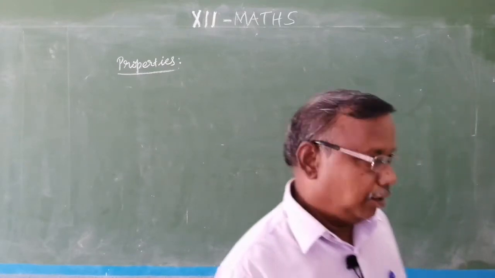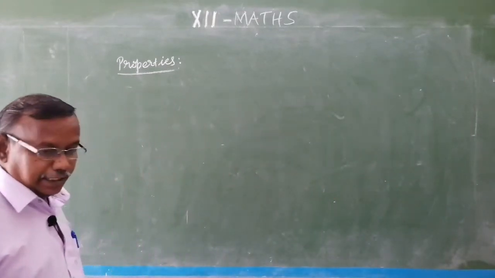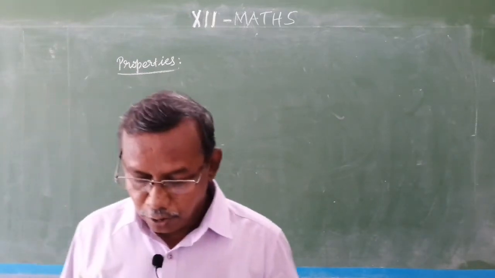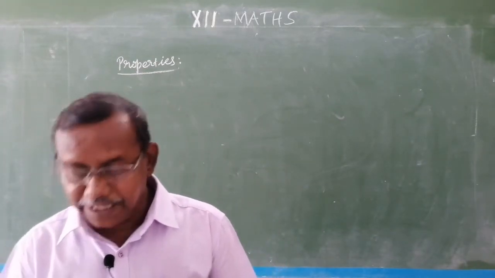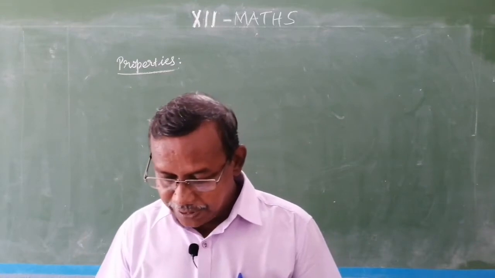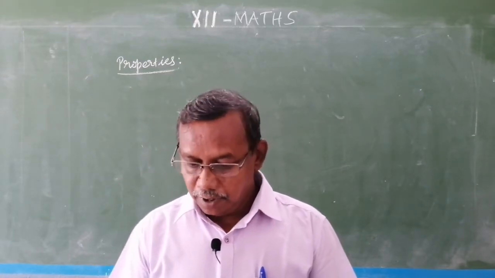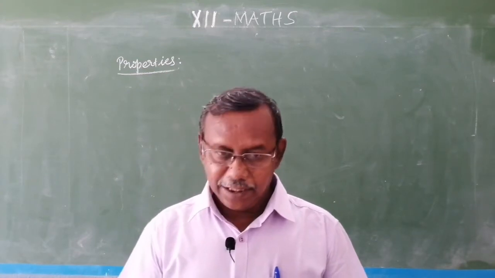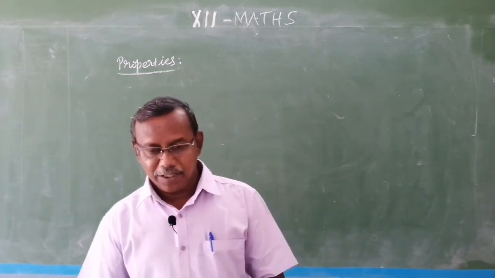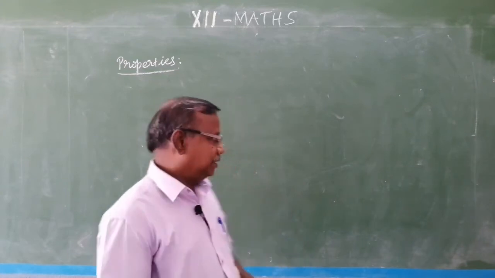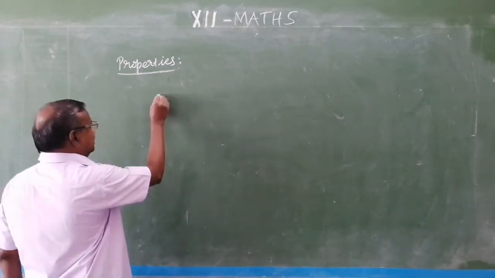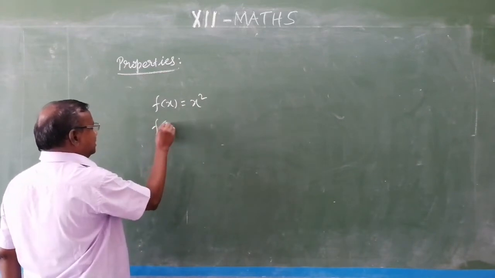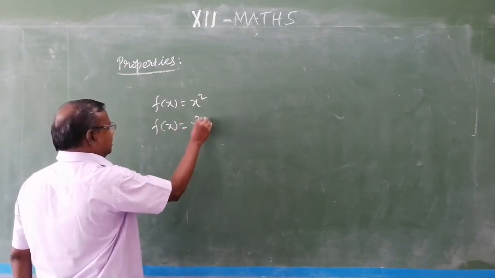Next, properties of integrals. The first property is that two indefinite integrals with the same derivative are nothing but the same family of curves, and they are equivalent. That means consider f of x equal to x square and consider another function f of x equal to x square plus 1.